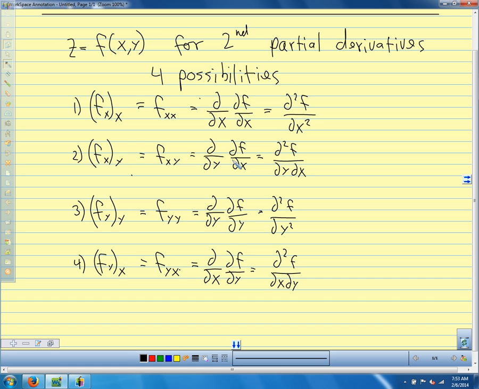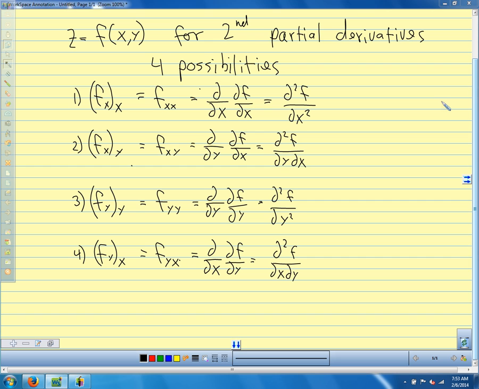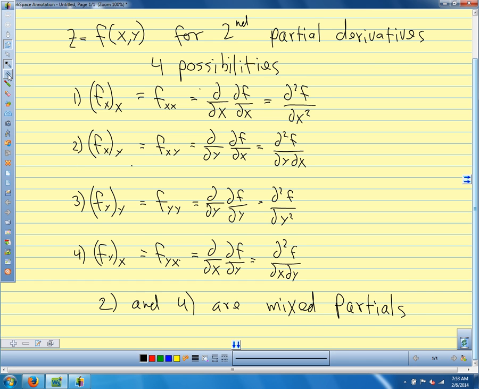So our second option and our fourth option, we call the mixed partials.